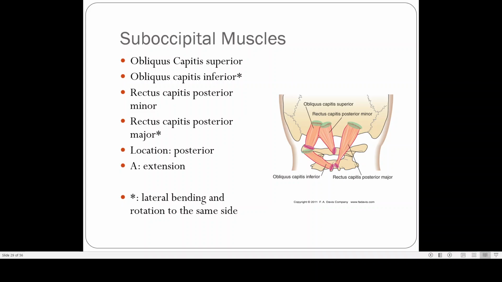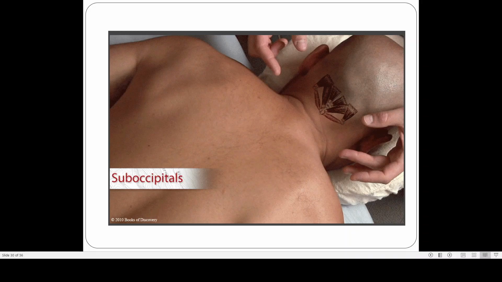The two that have the star also perform lateral bending and rotation to the same side because of the diagonal line of pull there. And so you can see the suboccipital muscles. Important to note, and I think this picture does show nicely, is that you have them on both sides of the spine, just like these other muscles that we're talking about.